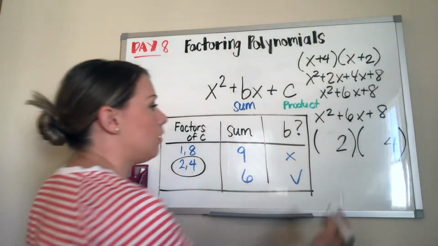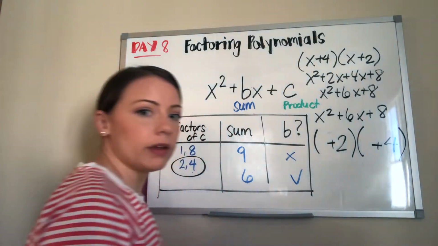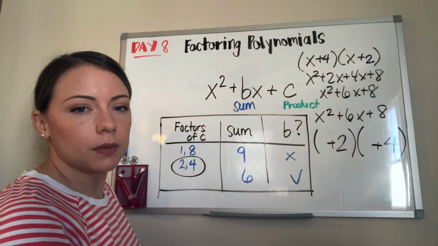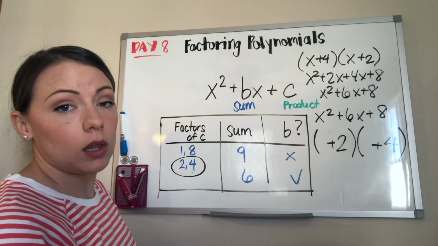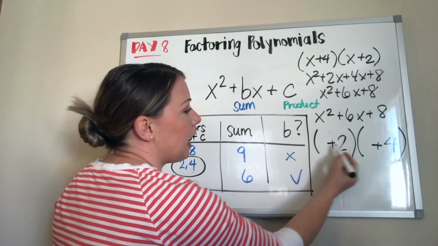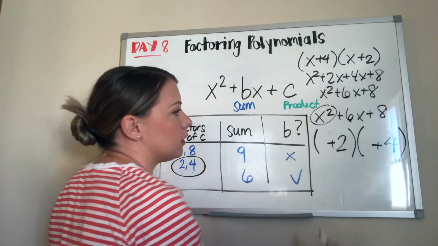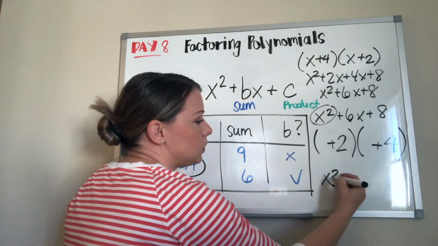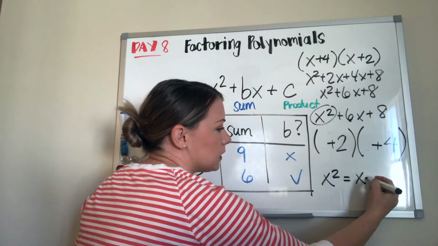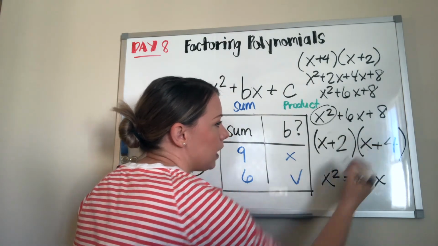I also have a positive 2, therefore plus 2, and I have a positive 4, therefore plus 4. And then the last part that's going to close out those binomials is I have to have a variable here. So look to see which variable you started with. So x squared is the same as saying I have x times x, therefore you have x and you have x.